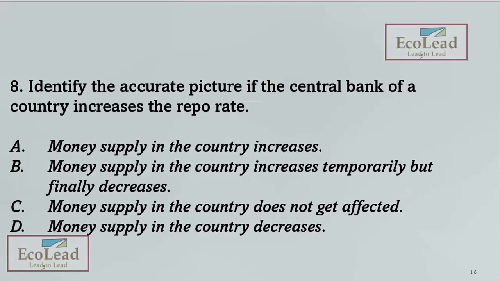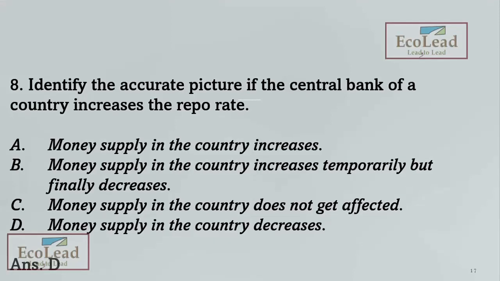So in that case, if they are taking the loan at a high rate of interest, then definitely they will have lesser money. The money supply will decrease. Let us see whether this option is available among the given options. Yes, that is available at option D, that money supply in the country will decrease. So this is the right answer in this case.